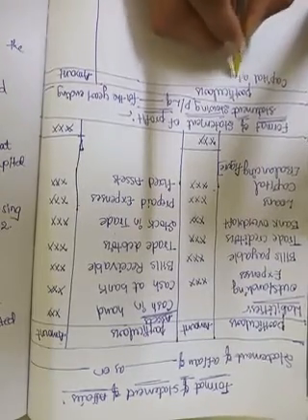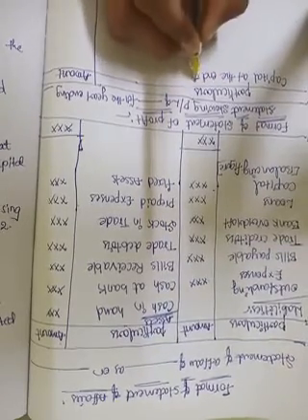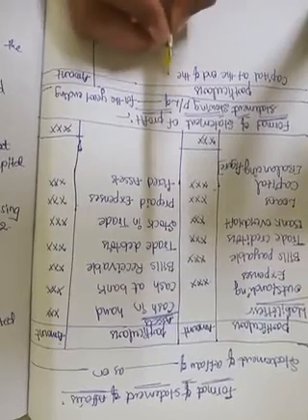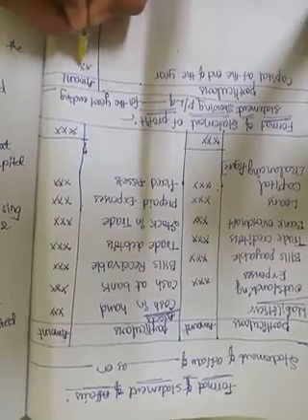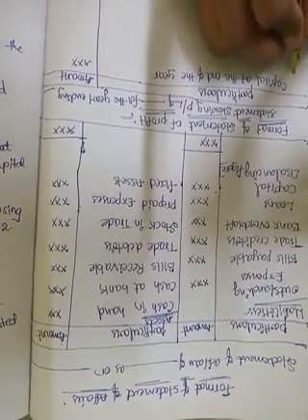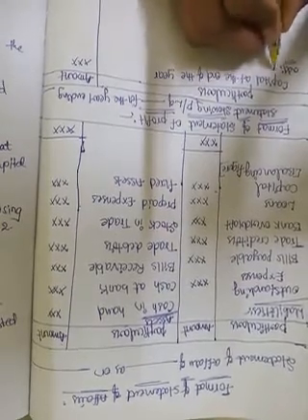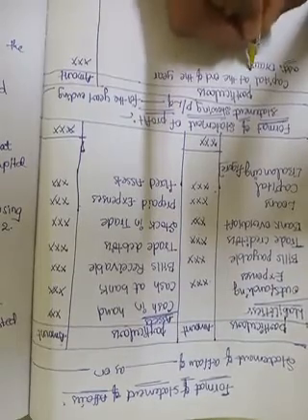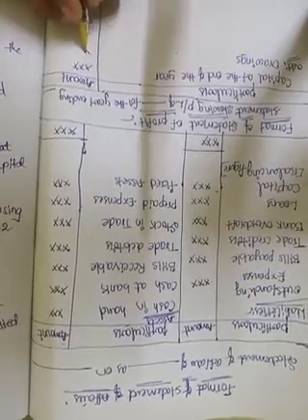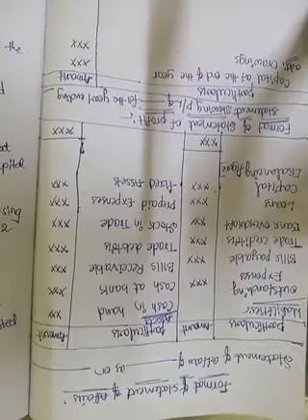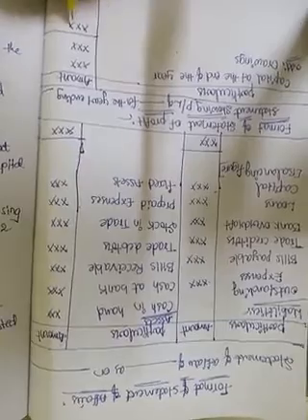Capital at the end of the year. Next is add drawings. We will add drawings to the capital at the end of the year, means closing capital. Add drawings, and we will get some value for this.